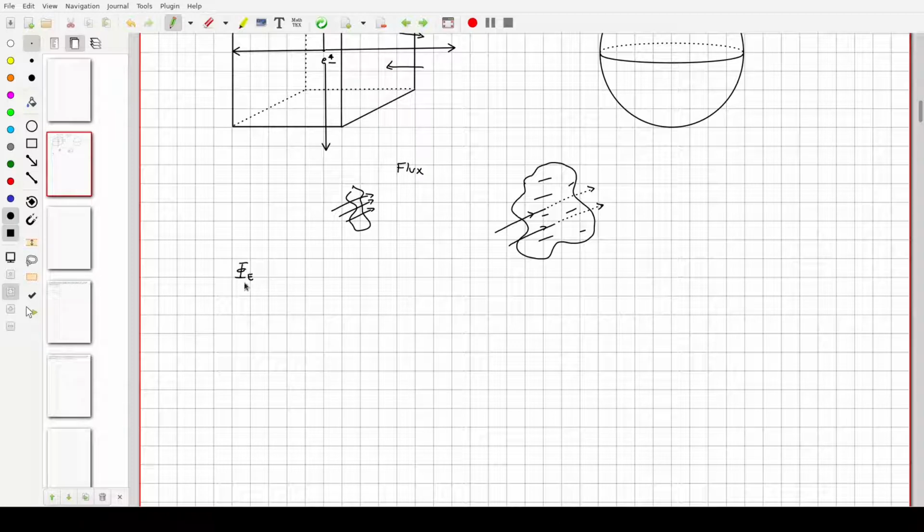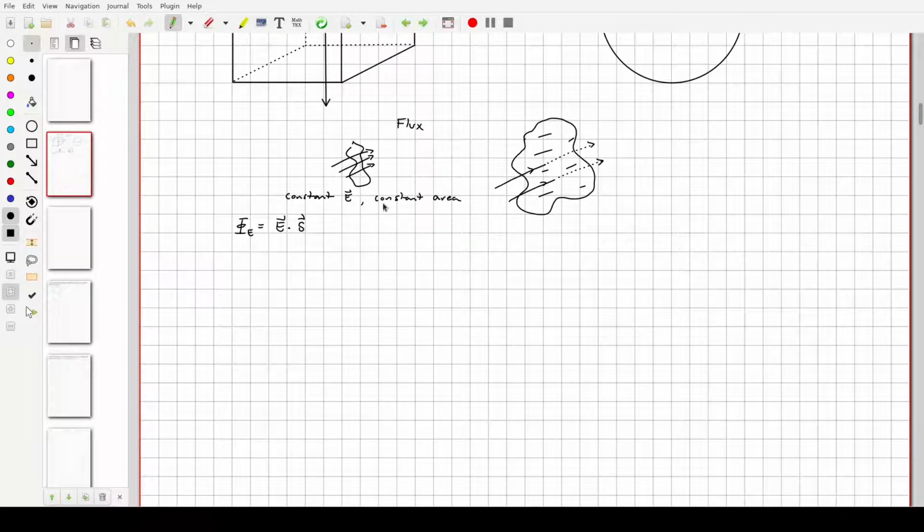So we use capital phi for flux here, the sub E means for the electric field because you can do it for magnetic fields or any other field that you're dealing with. And if you're dealing with a constant electric field in a constant area, then this is just E dot the surface normal.